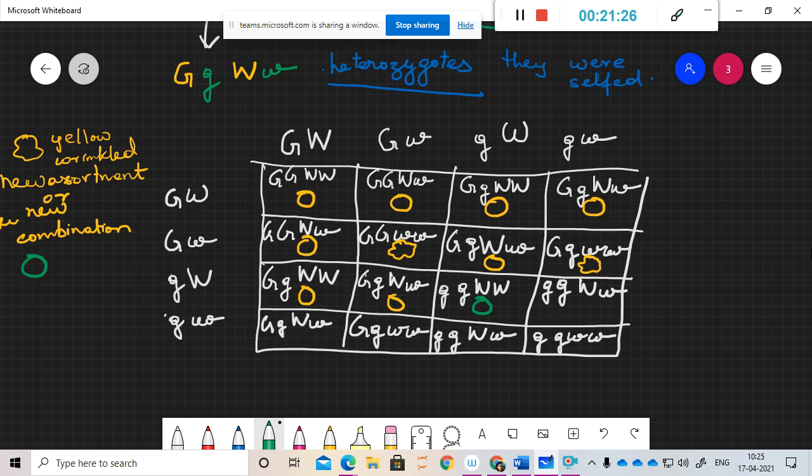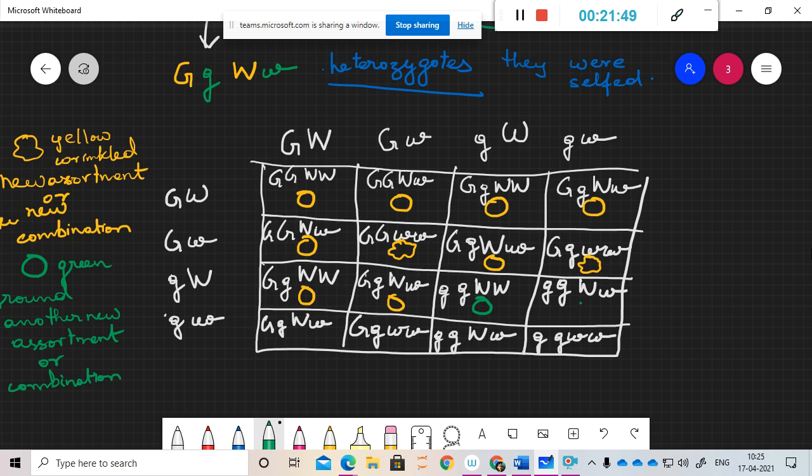Green was normally wrinkled, another new assortment or combination which has taken place.